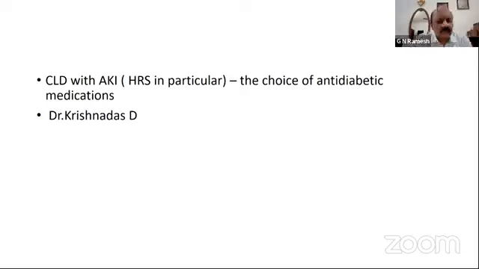Okay. Krishnadas, this is a situation where you have a patient with chronic liver disease and acute kidney injury. Now, what would be the choice of anti-diabetic agents? Would all of them go on insulin?